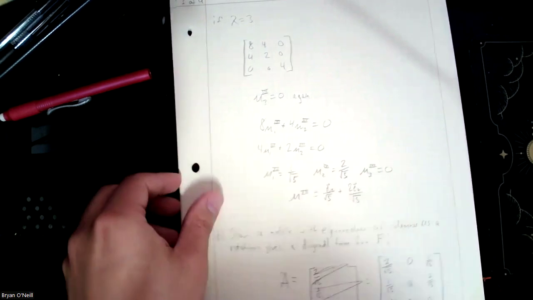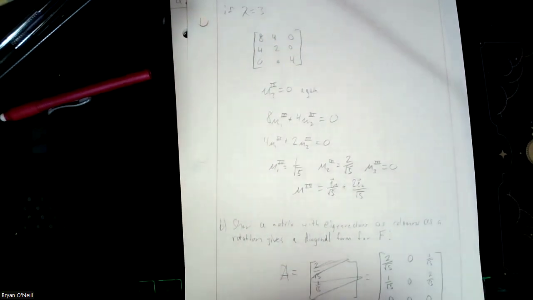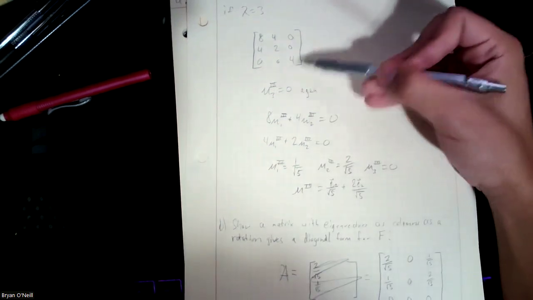Finally, we go on to our last lambda. Lambda equals 3. So we have a new matrix now. It's 8 4 0, 4 2 0, 0 0 4, etc. And we do it again. Immediately I can see that mu sub 3 must be 0 again.